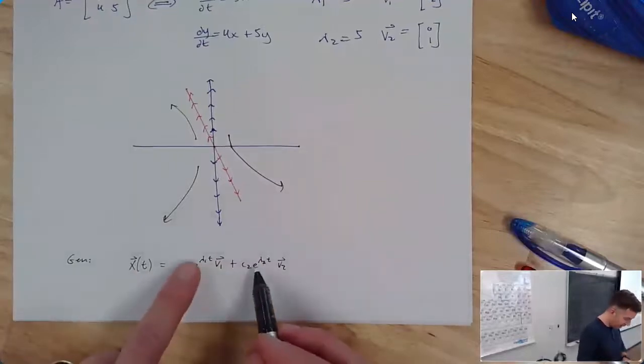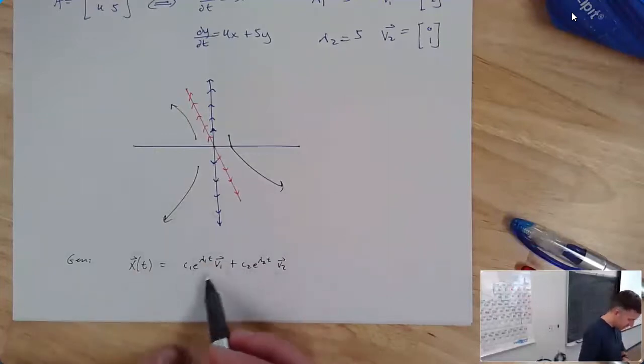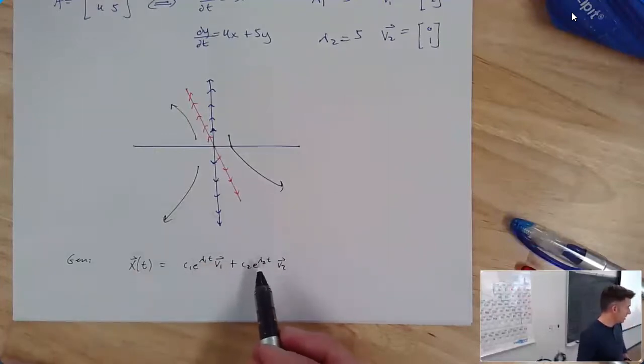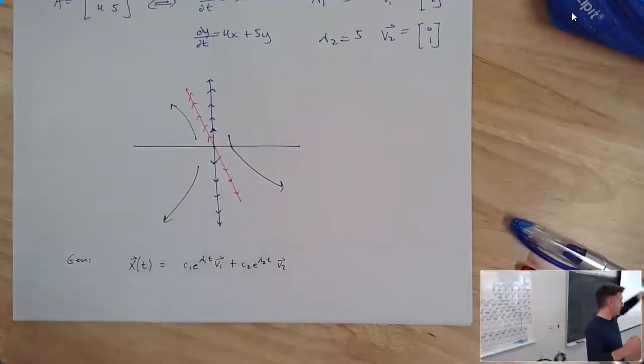So if your eigenvalues are positive, then these things grow as time goes on and on and on. So your x and y either both get very, very large or both get very, very negatively large, or one of each, but they both are getting larger in some way, either negatively or positively.